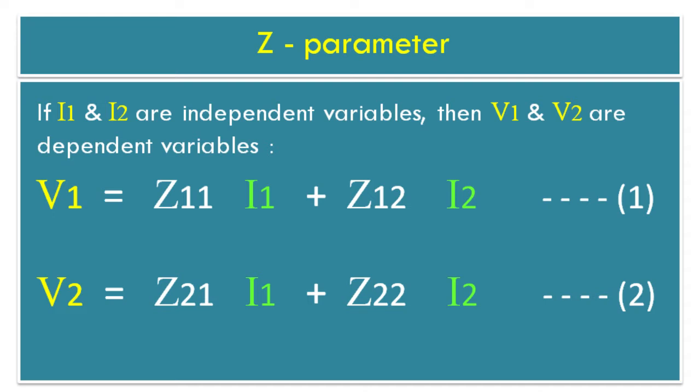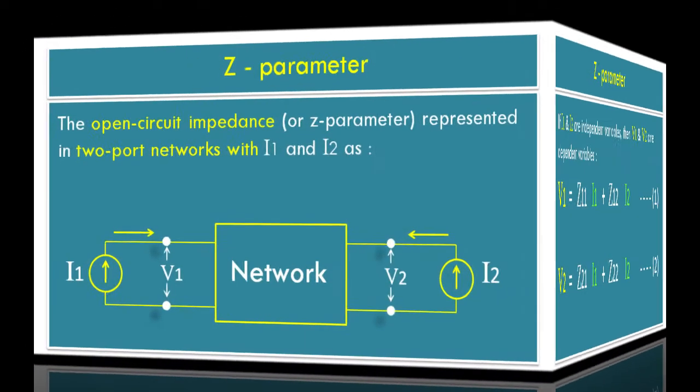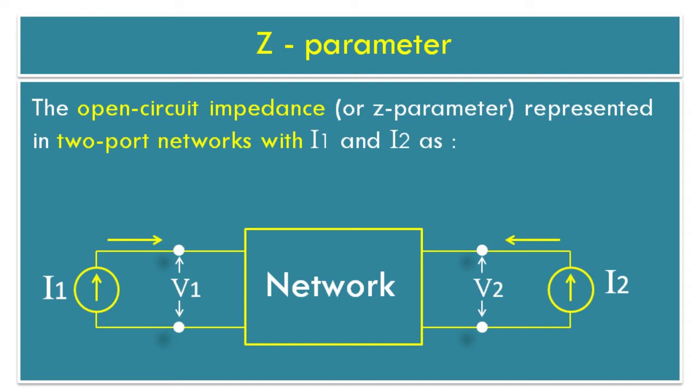Now Z parameters in equation form are represented as: voltage V1 is equal to open circuit impedance Z11 into current I1 plus open circuit impedance Z12 into current I2, which is given by equation 1, and voltage V2 is equal to open circuit impedance Z21 into current I1 plus open circuit impedance Z22 into current I2, which is given by equation 2.